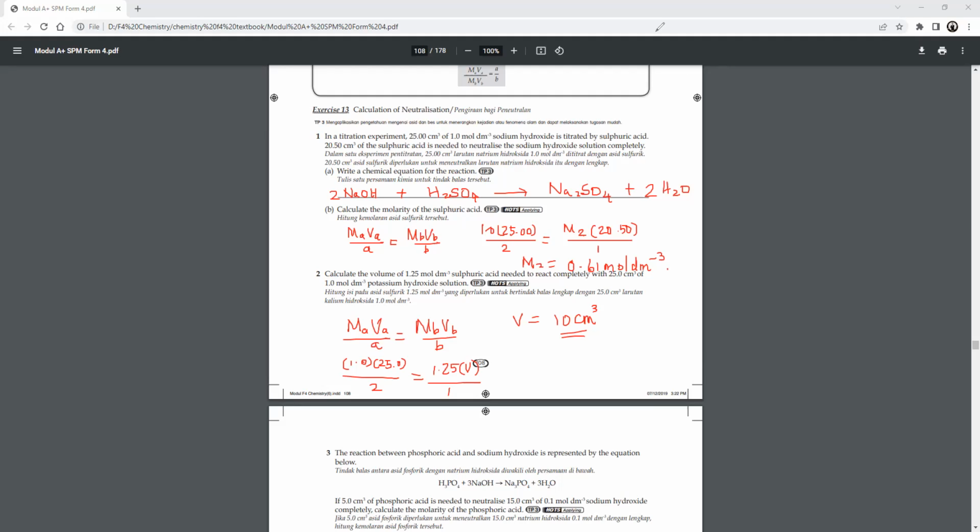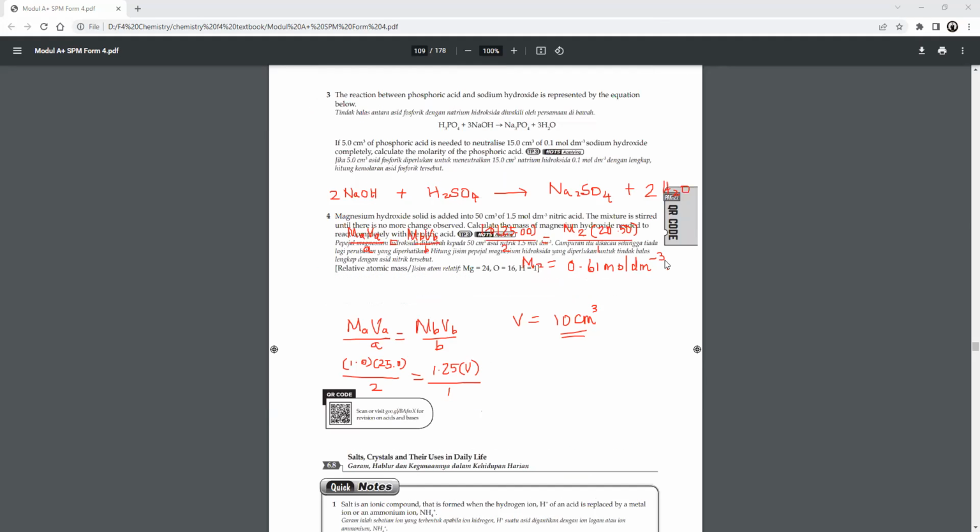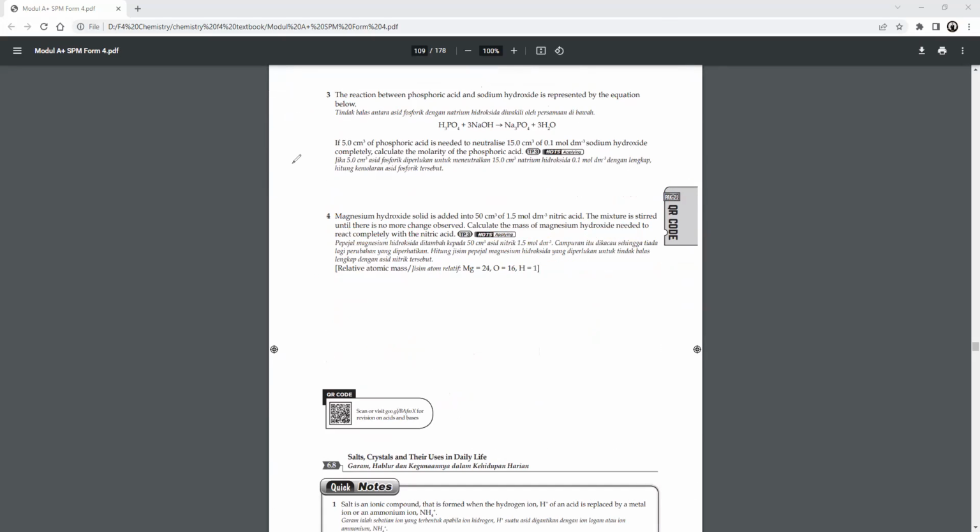Okay. Number 3 and 4. The reaction between the phosphoric acid and sodium hydroxide is given as this formula here, right? If this thing happens, help me to calculate number 3. Help me to do number 3.